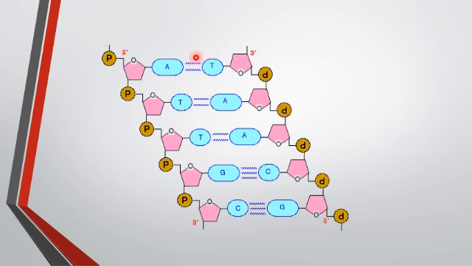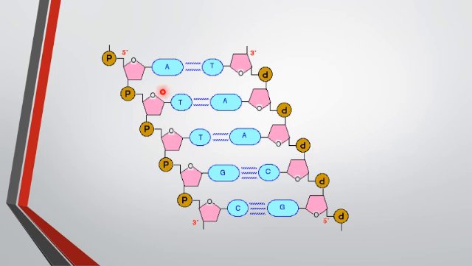and there is the antiparallel or opposite strand of another deoxyribonucleotide. A means adenine, that forms a bond with thymine, and 2 hydrogen bonds are present between A and T. This is universally fixed, that A will form a bond with T. Similarly, G means guanine, which forms a bond with cytosine with 3 hydrogen bonds.